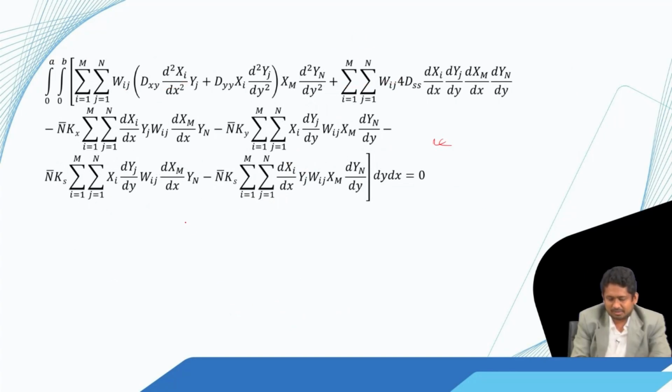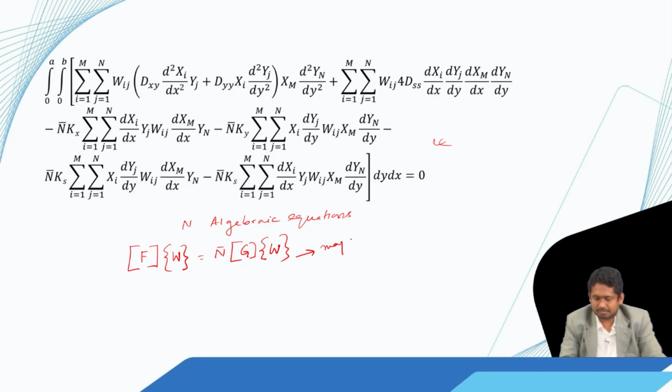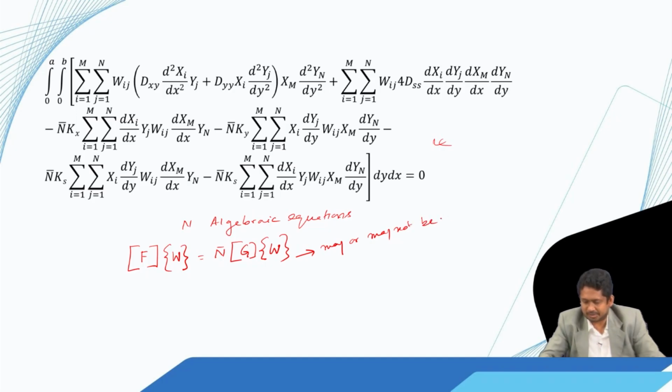So, we can write total algebraic equations of this form: F multiplied by w is equal to N bar multiplied by G into w, and they may or may not be coupled depending on the approximation.